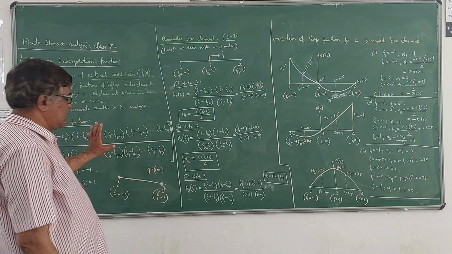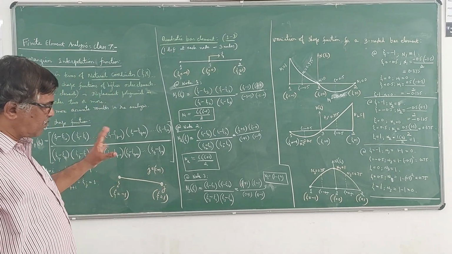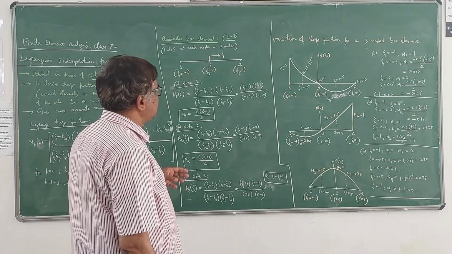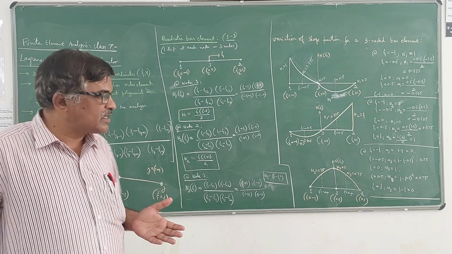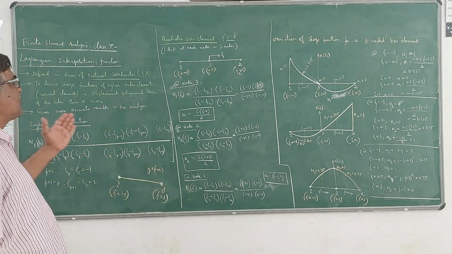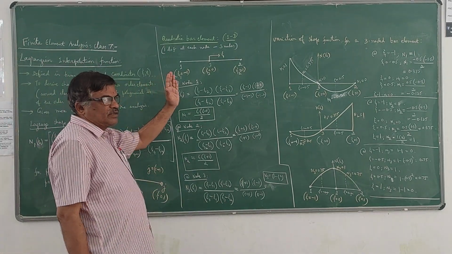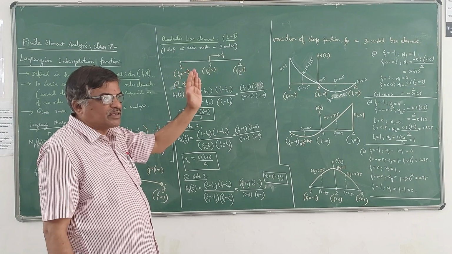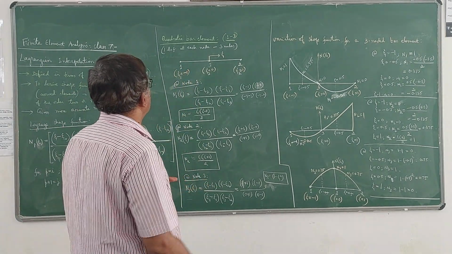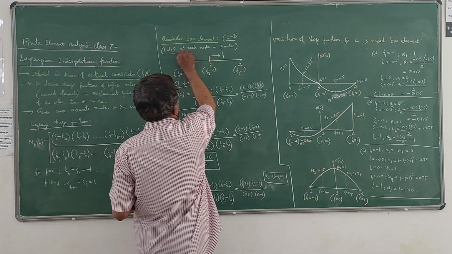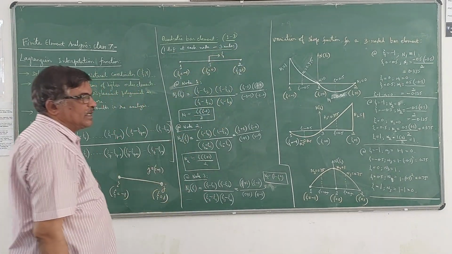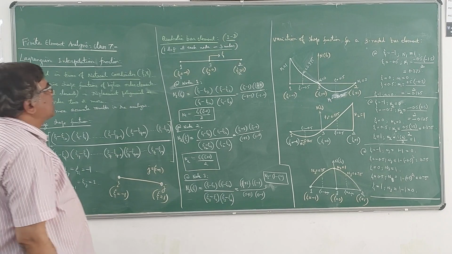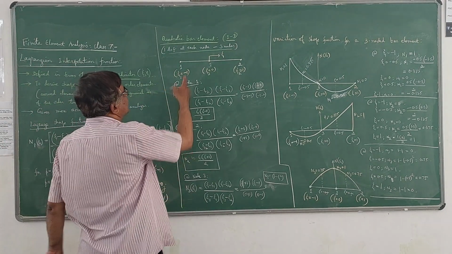Now we can apply this to find and sketch the shape functions for different types of elements. Among them, I am going to take the first element as the bar element, which I defined earlier. The bar element is a one-dimensional element, and I will take 3 nodes for this bar element: 1, 2 and 3. The third node I have taken at the center of the element, and I have taken 1 degree of freedom at each node.